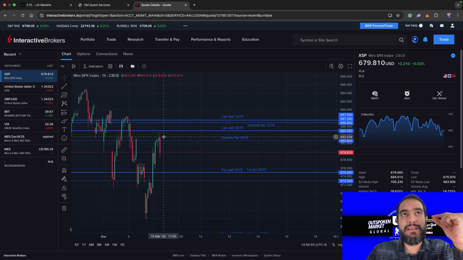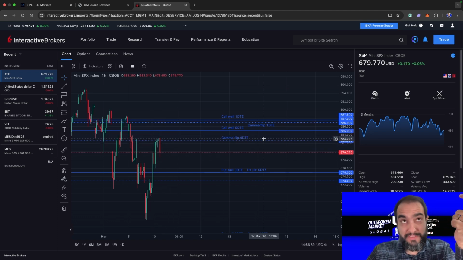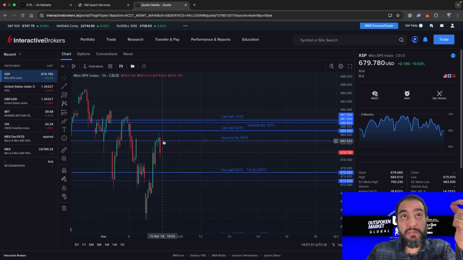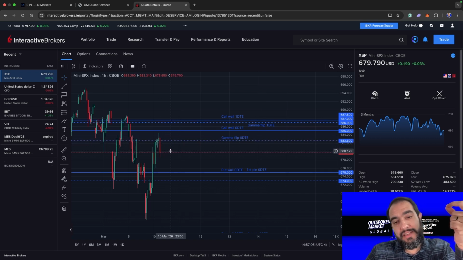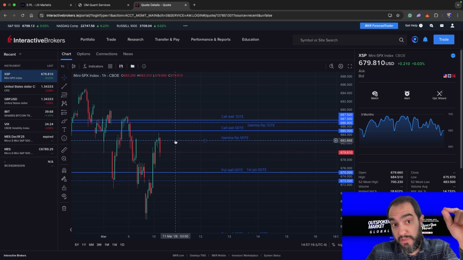So the market was fighting that exchange, that flip of the gamma. It was rejected. And then you can see that we have the acceleration of the movement. Perfect. And this is a place on which we can buy a put or eventually short the underlying asset.